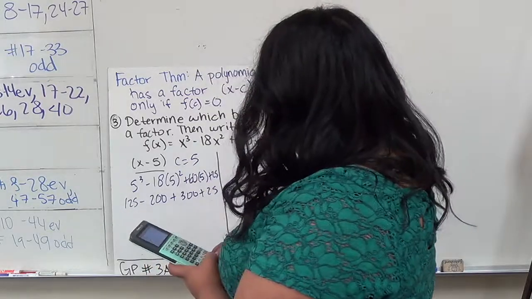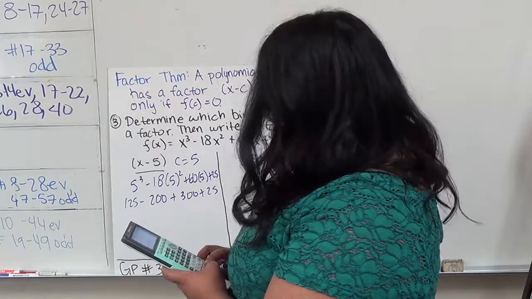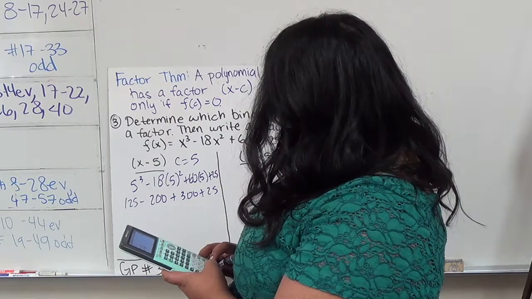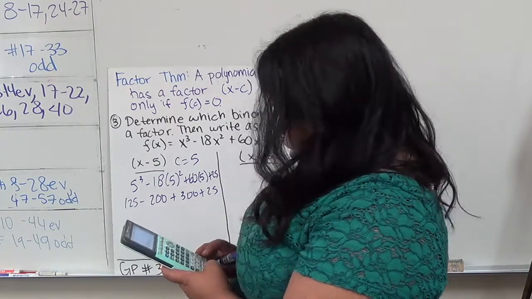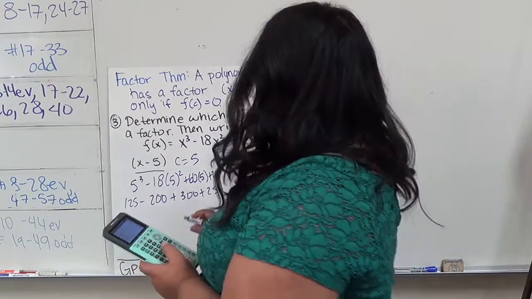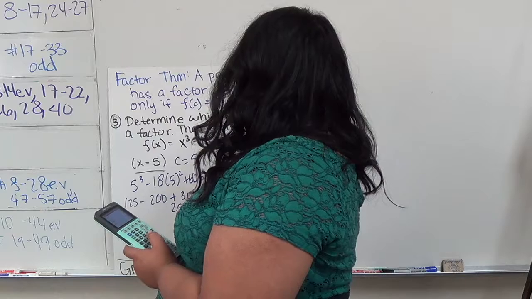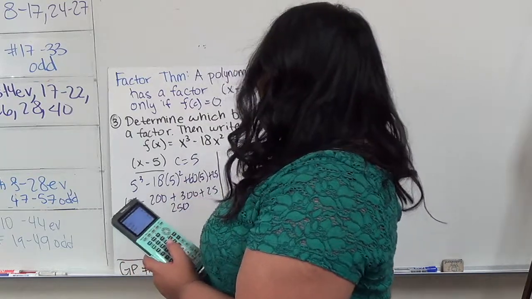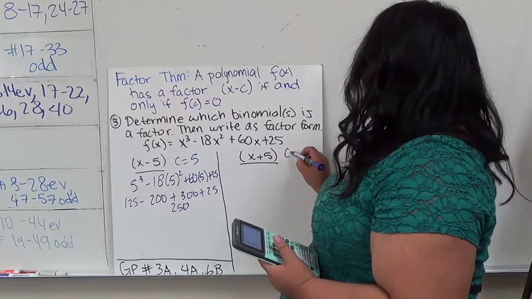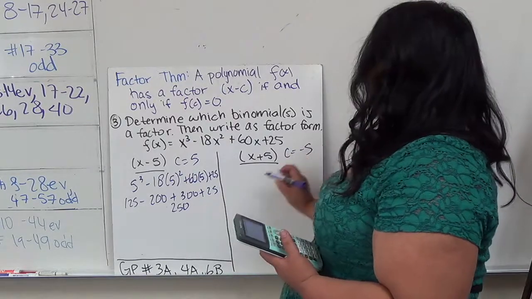So 125 minus 200 plus 300 plus 25 gives me 250. So this is not, in fact, a factor. Let's try this one. C equals negative 5.